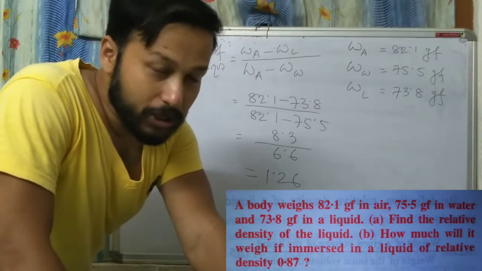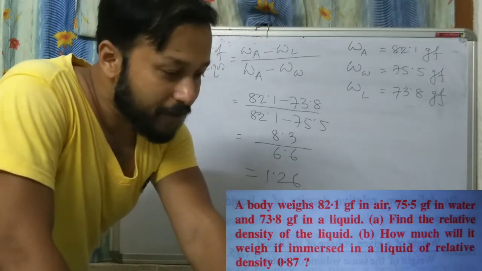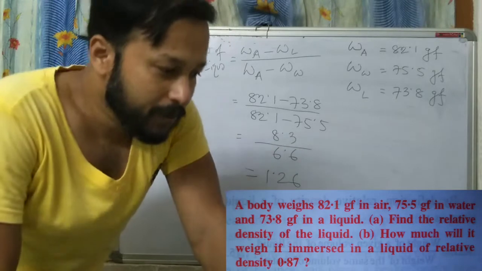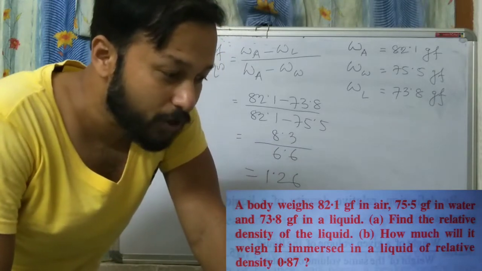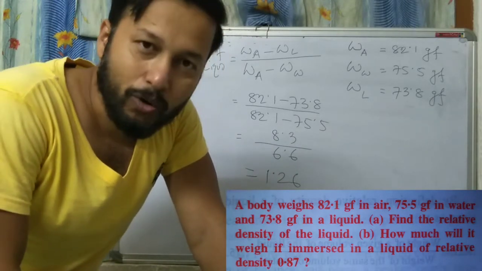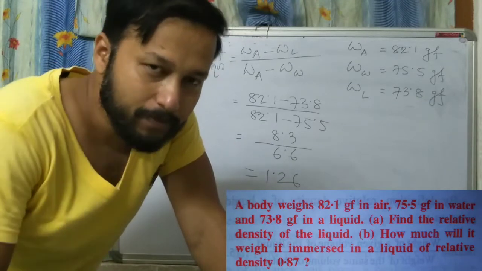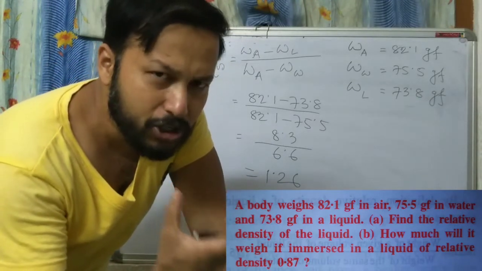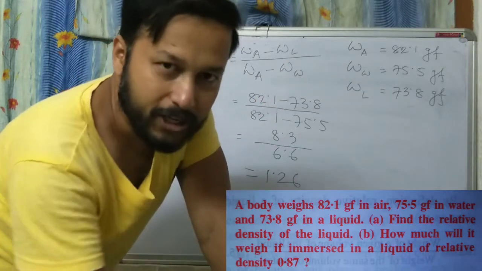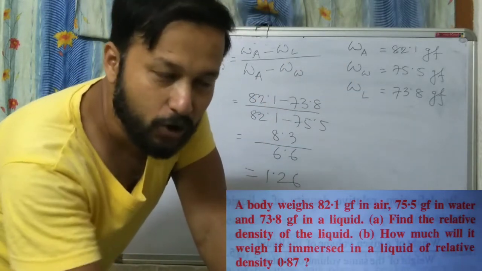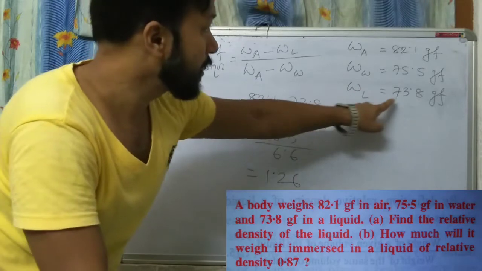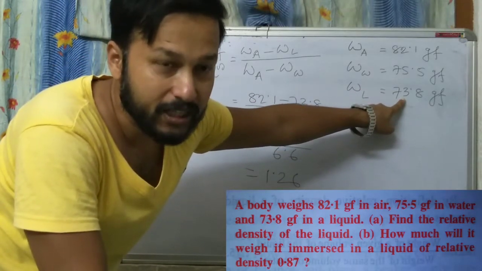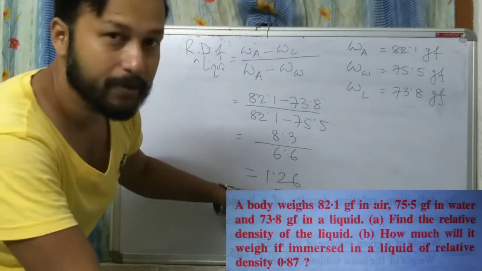Now the question is not finished. What do we have to find in the next part? How much will it weigh if immersed in a liquid of relative density 0.87? You understood the question? First we immersed that object in a liquid and we got the weight 73.8 and we had to find the relative density. So we took out the relative density.